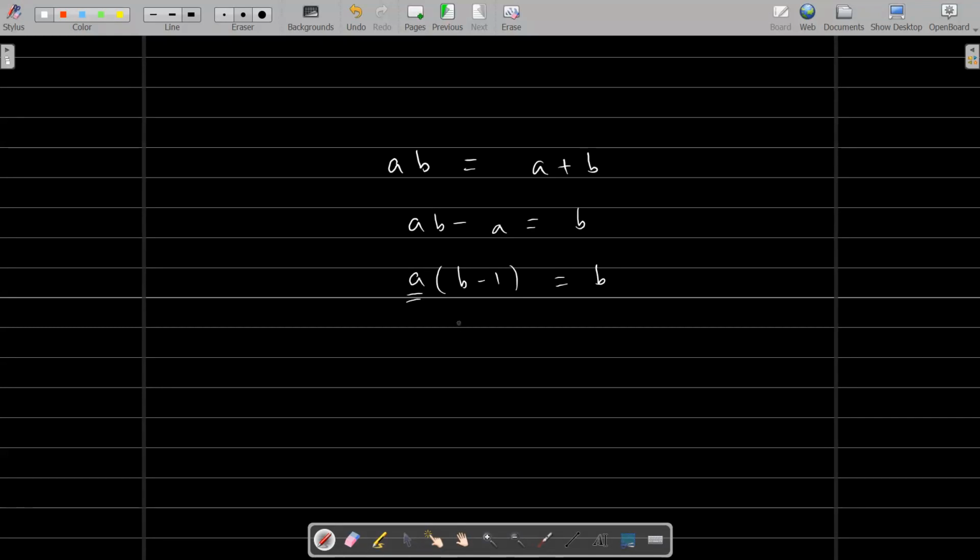So B minus 1 times some integer is B, which implies B minus 1 divides B. Okay, sir.